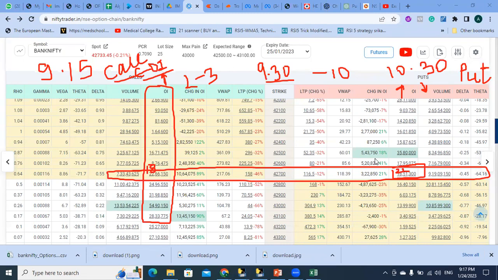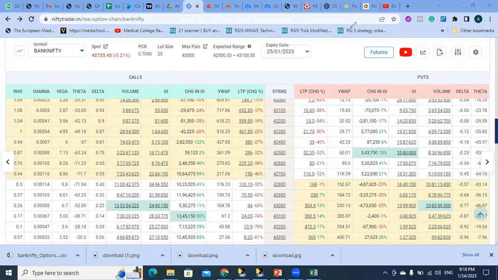Now, there are certain situations which can happen, and those are the ones which we should look out for. If the call OI is increasing, but put OI is not decreasing, then it is likely that the market may remain sideways.